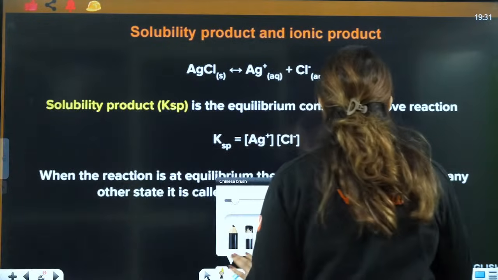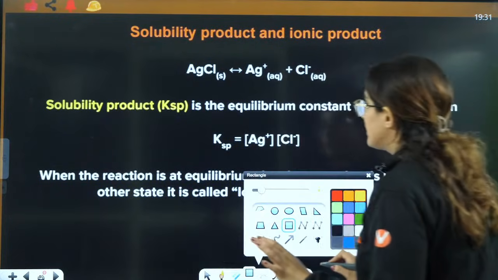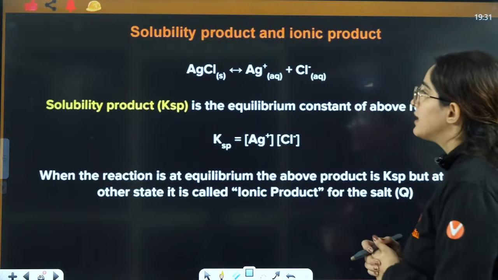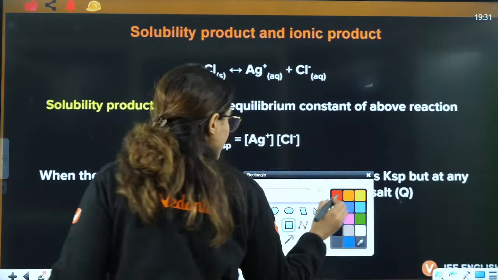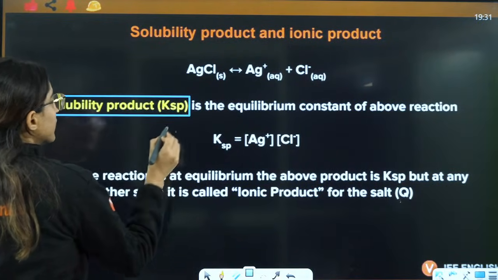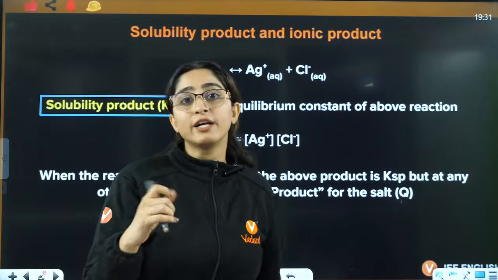So let's talk about Ksp and the value of Qsp. Two things are there. First is solubility product, that is Ksp. It is just like equilibrium, where you have Kc and Qc.